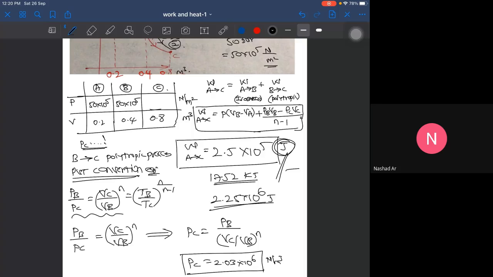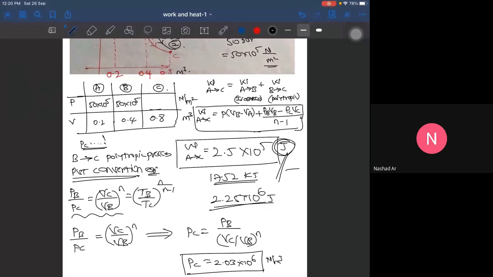Yes, sir. What's your answer? I got 2.03 into 10 to the power of 6, but I'm checking it again. Because many are getting the same answer. Yes, even Niharika and Jebel got the same answer. Okay.